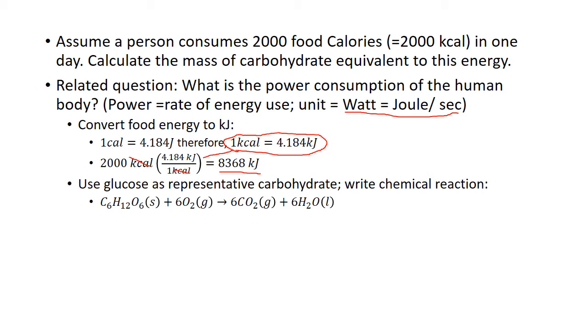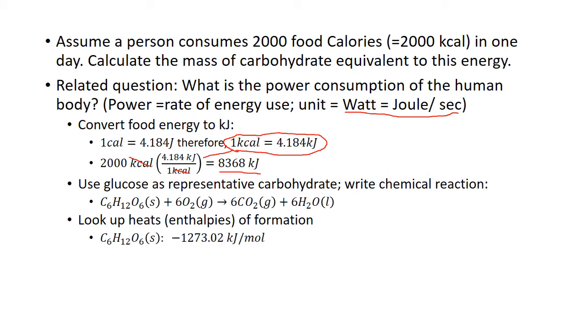Now I look these up. I consult a table of heats of reaction or heats of formation, or enthalpies of formation. You can find a table in the back of your book, and you can find them on the internet. You simply look up the so-called heats of formation.